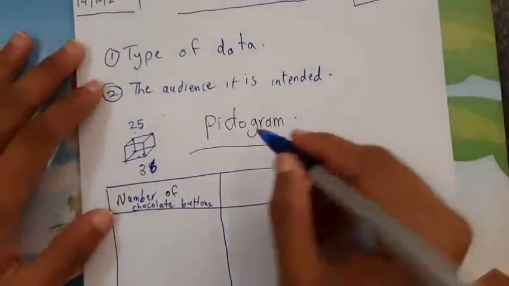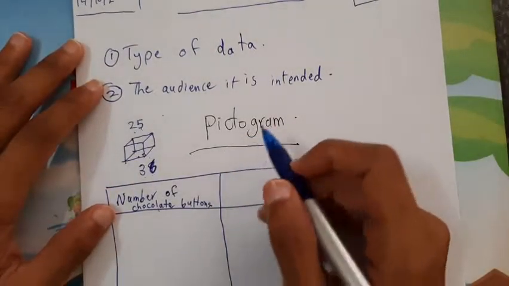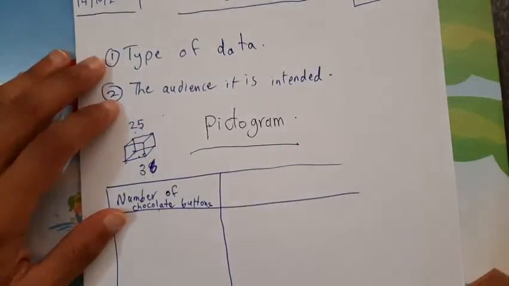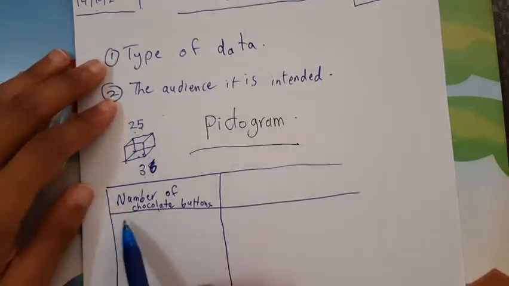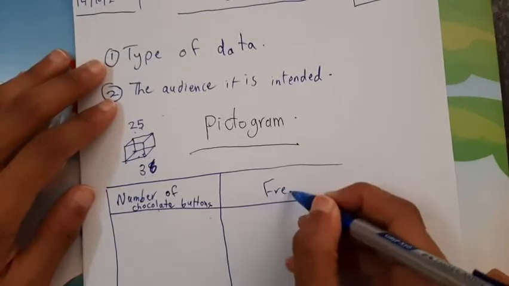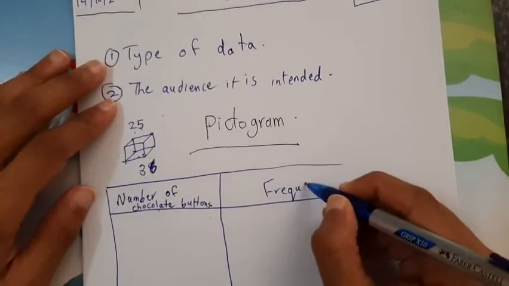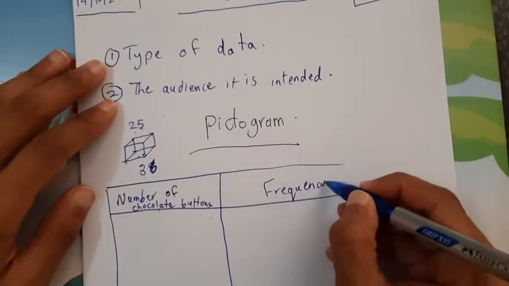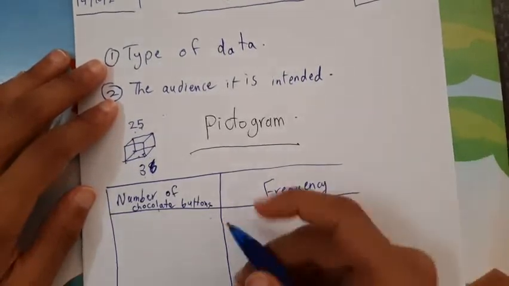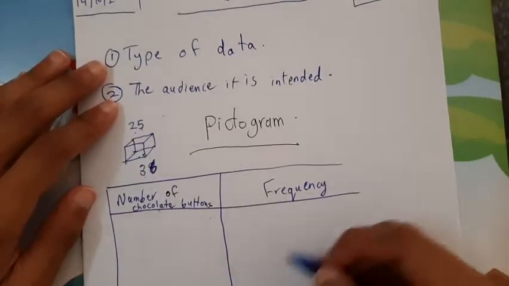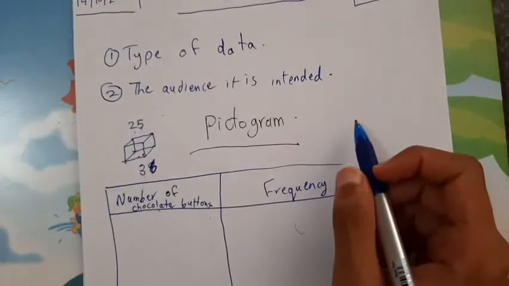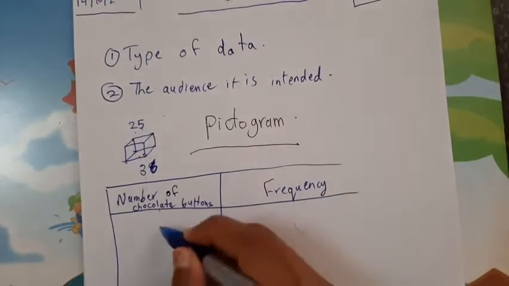So today we are going to use the pictogram to display the data we collected. Here is going to be the number of chocolate buttons. Here is going to be the frequency. Yesterday, in the frequency column we put numbers, but today we are not going to use numbers. Instead we are going to use circles. The data we collected yesterday was like what?